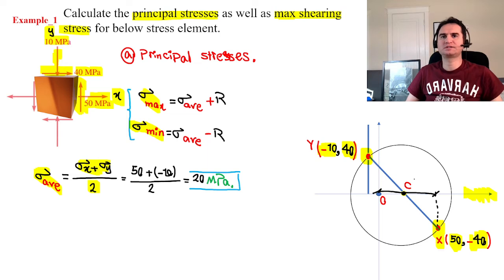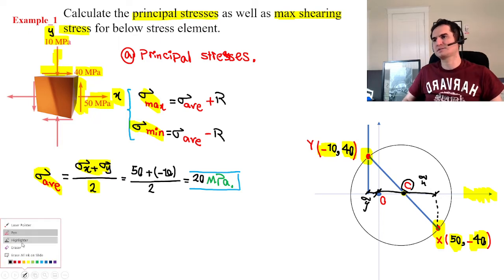From our origin, this is sigma x, and this is our sigma y. If you add them together and divide by 2, it gives you sigma average, which is the center of our circle. That's positive 50 plus negative 10 over 2, and that's 20 megapascal.